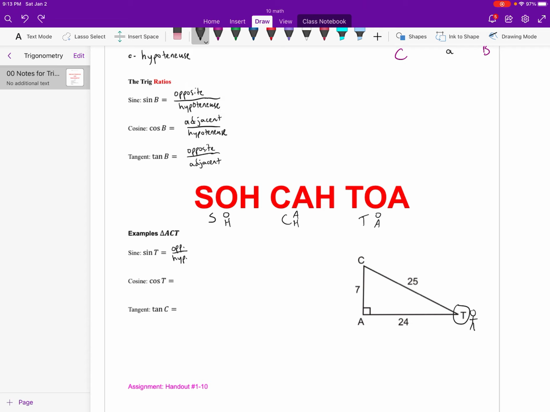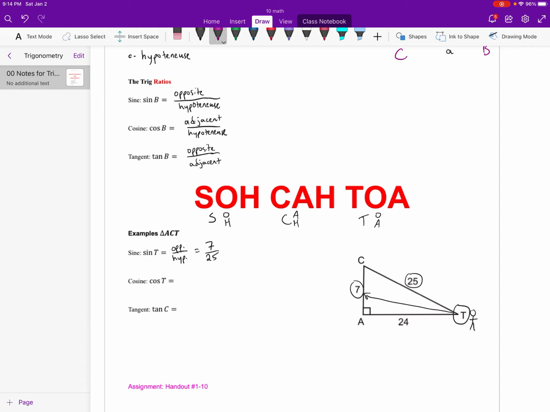So the opposite to angle T is the side across from it, so that's 7, over the hypotenuse, which is the side across from the 90-degree angle, so that's 25. So sine of t is equal to 7 over 25. At this point, we're just going to leave the answer right there. That's the definition of sine t right here.